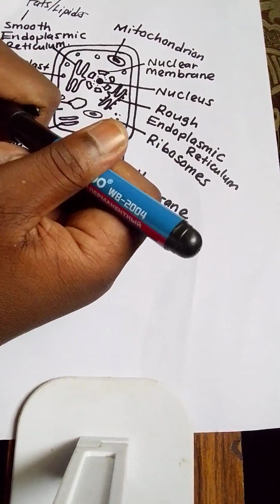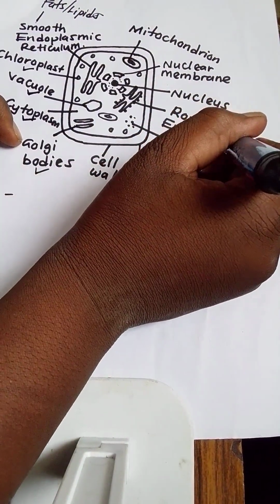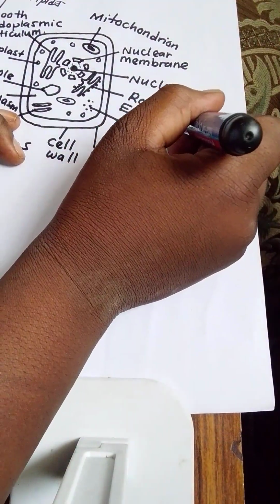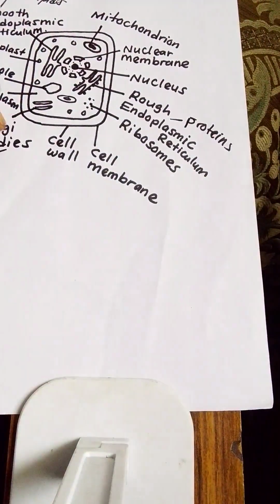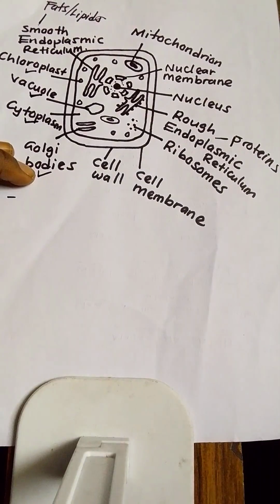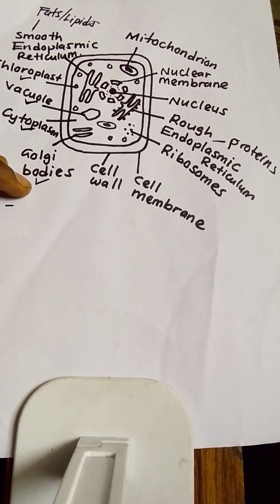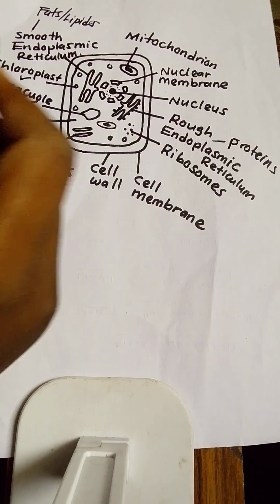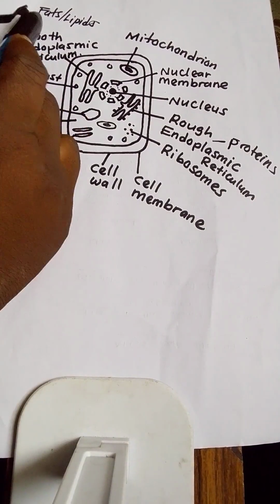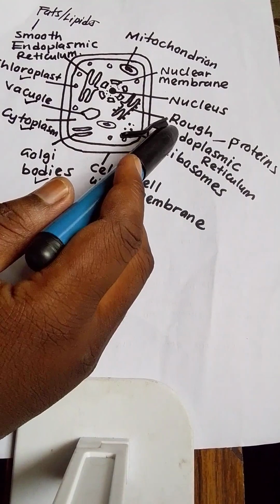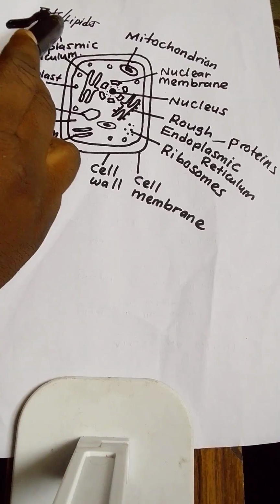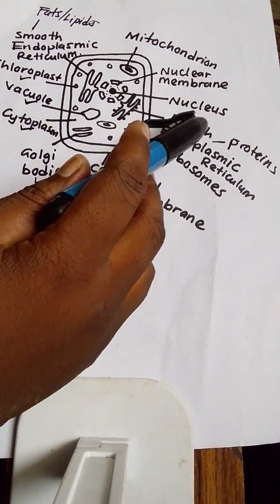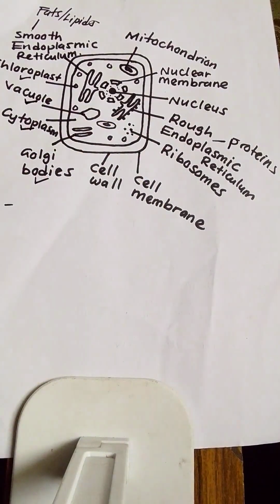Then the rough endoplasmic reticulum transports proteins. So take note: smooth endoplasmic reticulum transports fats and lipids. Rough endoplasmic reticulum transports proteins.